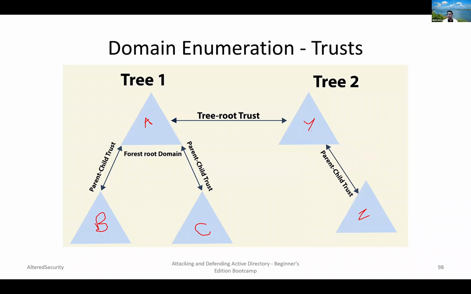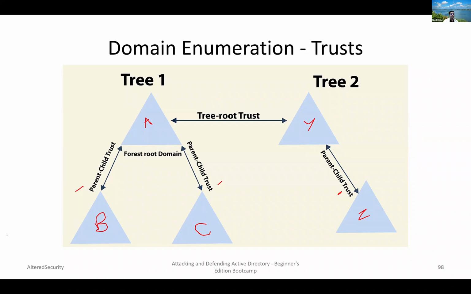What does the transitivity mean here? The trust types here are parent-child between A and B, parent-child between A and C, and parent-child between A and Z. However, between A and Y, it is a tree root trust. But this is an intra-forest trust, that is within a forest. So it is bidirectional transitive all the time.